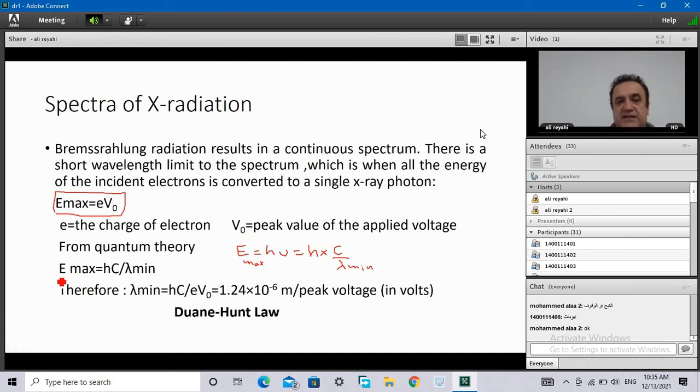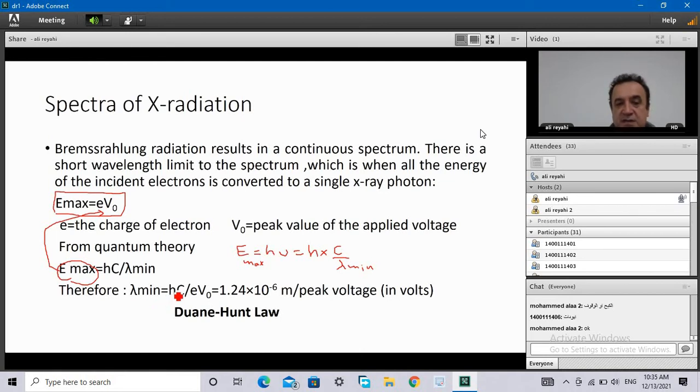Okay, you understand? So we write Emax equals hc divided by lambda minimum, equals eV0, the energy of the electron.